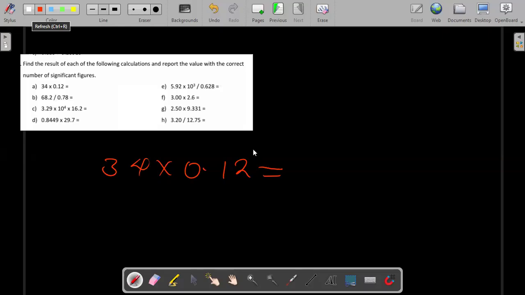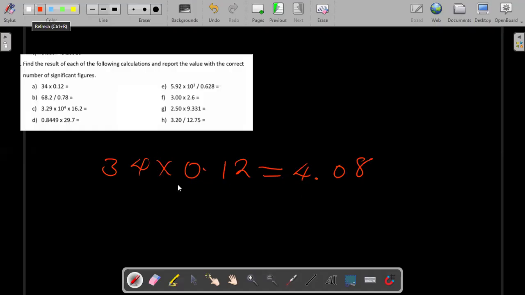What answer are you getting when you multiply the 2? I'm getting 4.08. I hope you're getting the same. So this is my final answer.